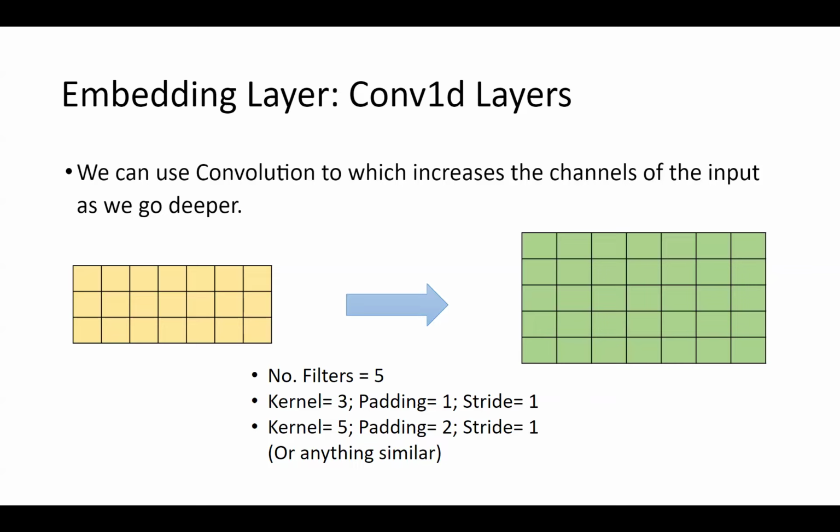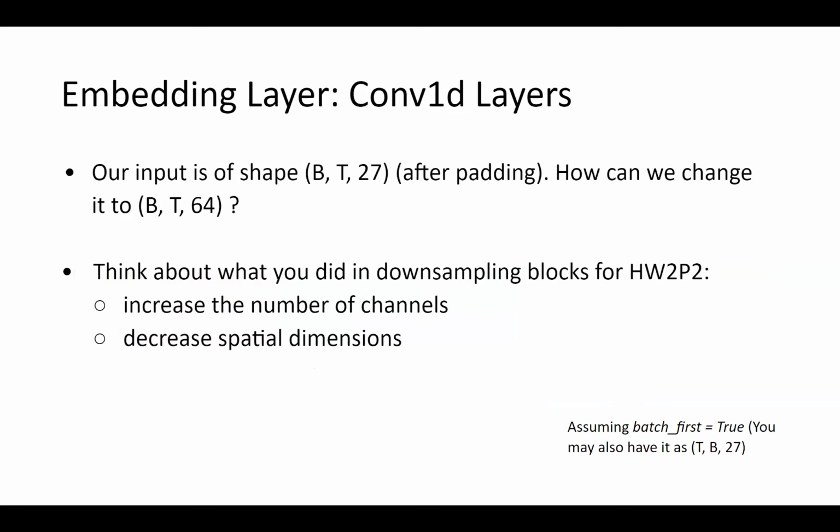Along with this, you can also have a strided convolution in the embedding layer in order to downsample the time length of the sequence while also increasing the number of features. Again, the choice of stride, padding, and kernel size is completely flexible. So this is what I explained just now, that we can make use of strided convolution.